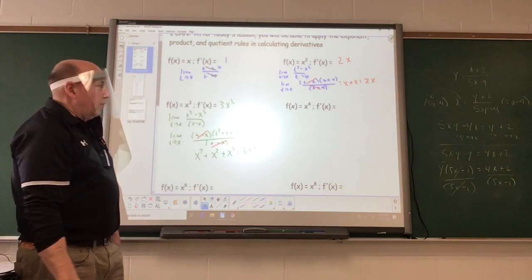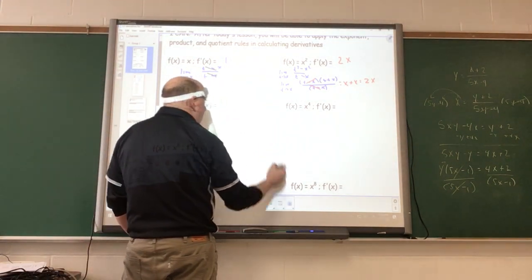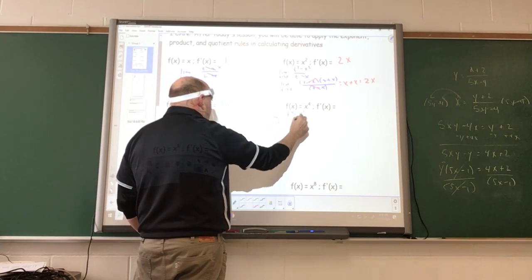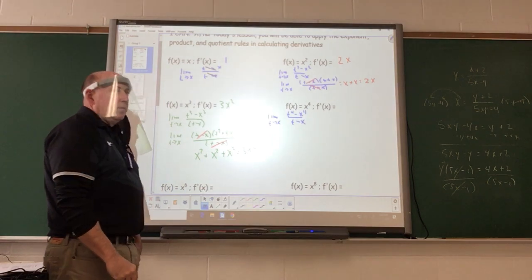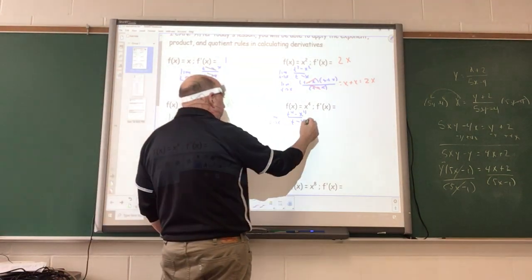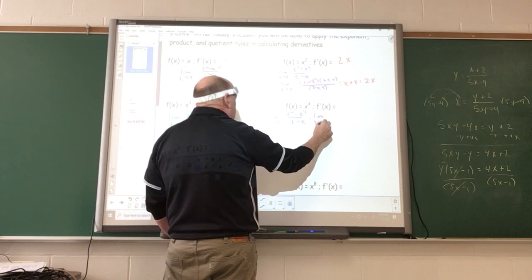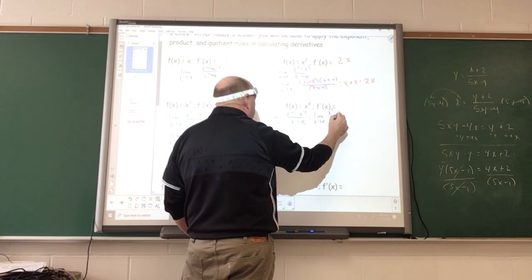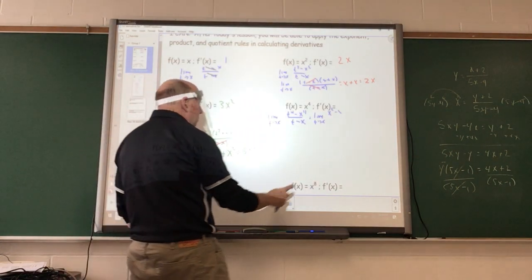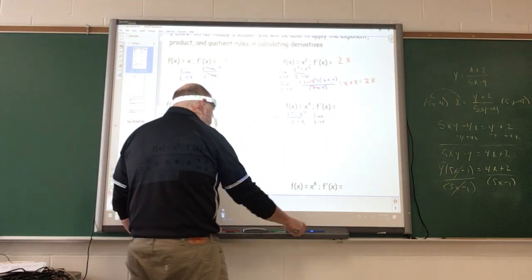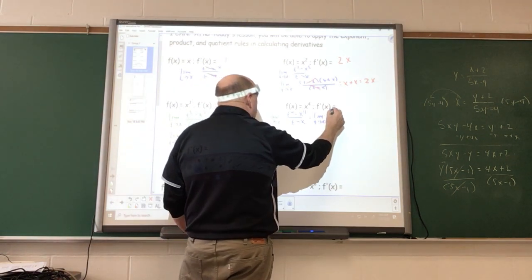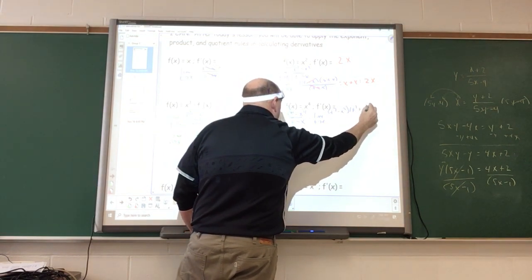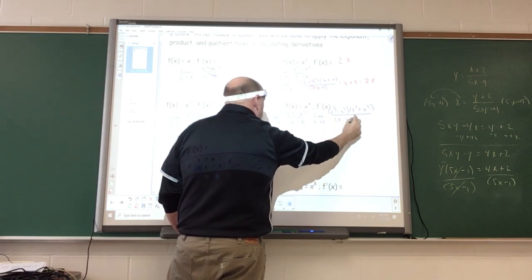If we take a look at x to the fourth, we have the limit as t is approaching x of t to the fourth minus x to the fourth over t minus x. Factoring the top, let's see, difference of perfect squares: t squared minus x squared, t squared plus x squared, over t minus x.